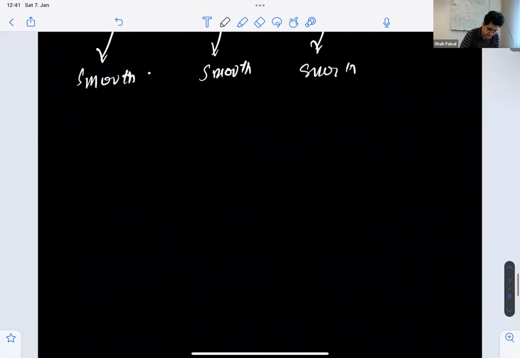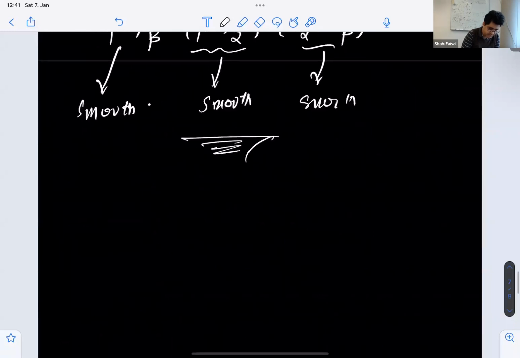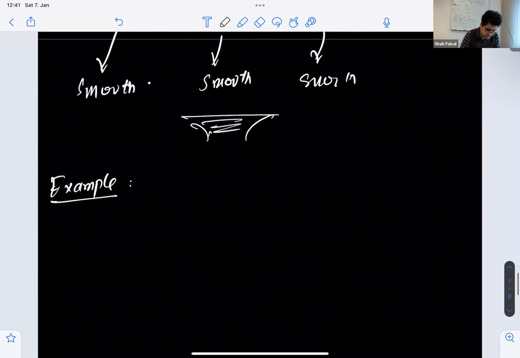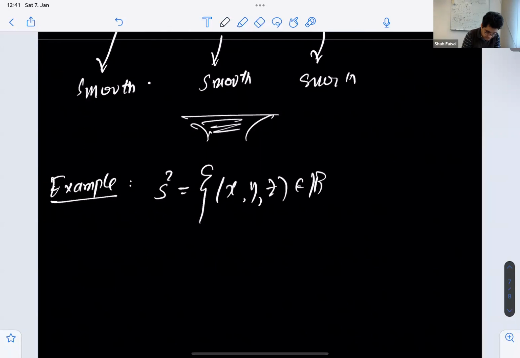But for the moment, I think that's enough. Let me give you examples. So you take the sphere again. So these are basically points in R3 which satisfy this equation. It's the unit sphere.